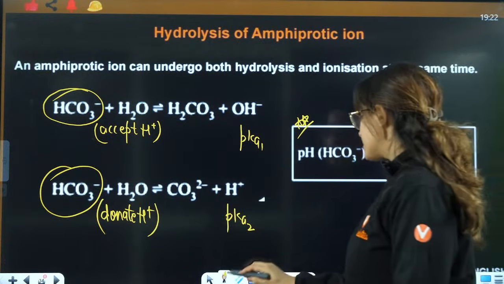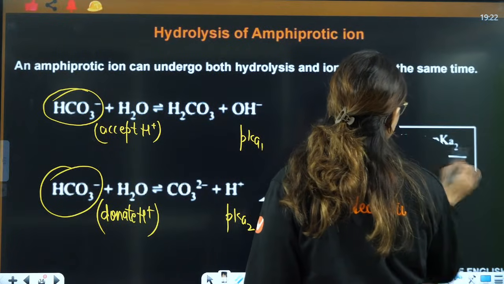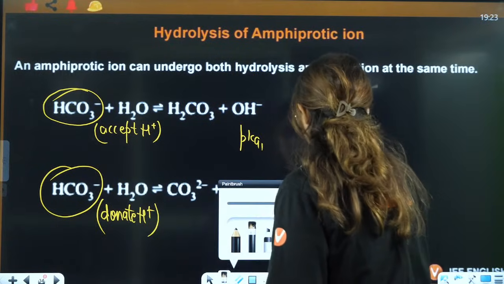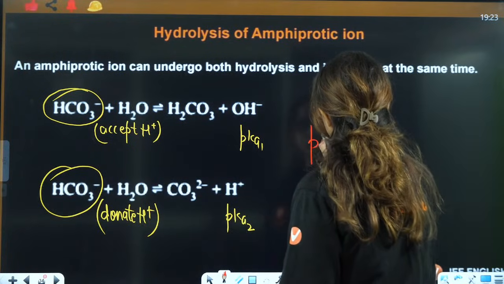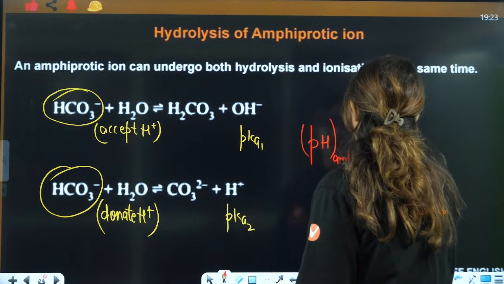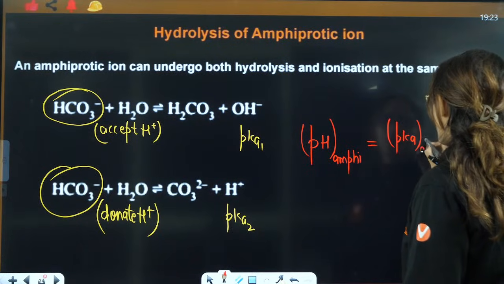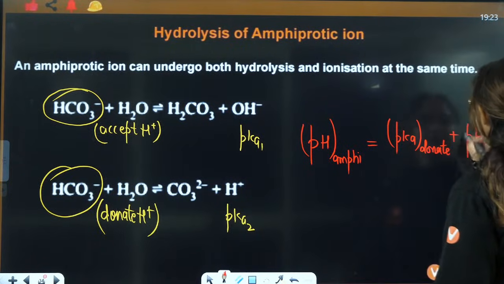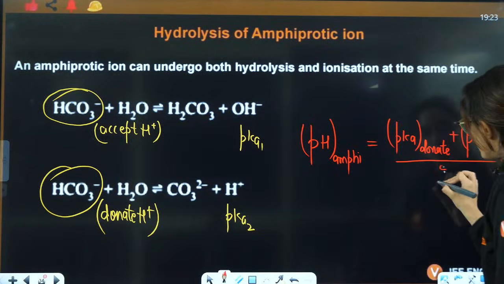So in a simpler way, you can say that pH of amphiprotic is equal to pKa when it is donating and pKa when it is accepting H positive, divided by 2.